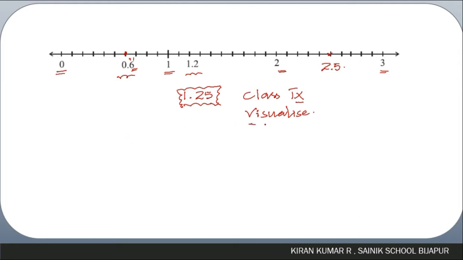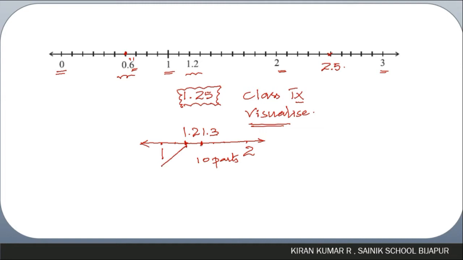Suppose I want to visualize it, I have to consider a number line. I'll show 1 and 2 on the number line so that you can represent 1.2. If I divide this into 10 equal parts, the second part is going to be 1.2. The next part is going to be 1.3.